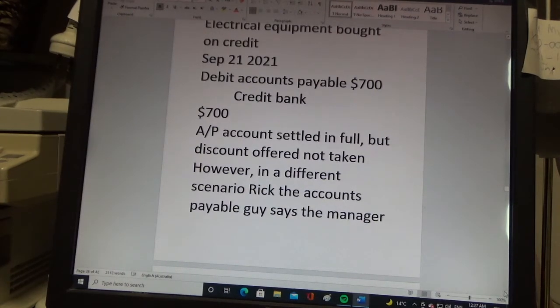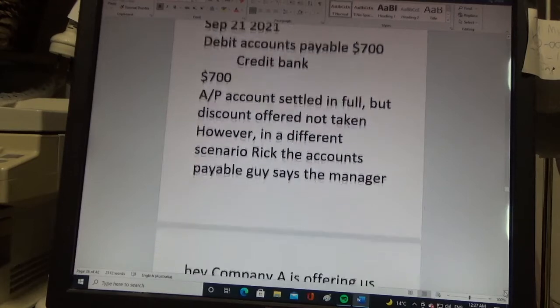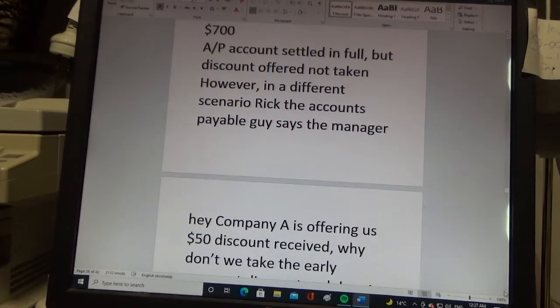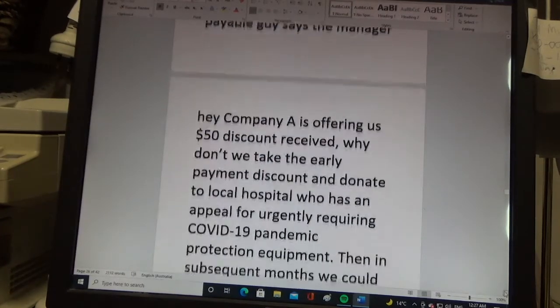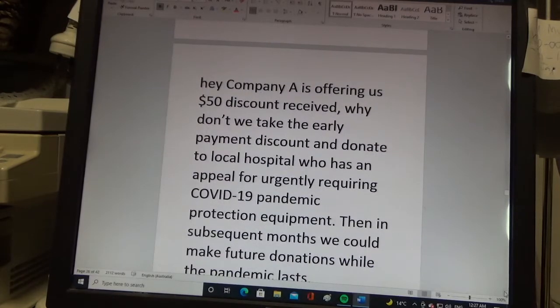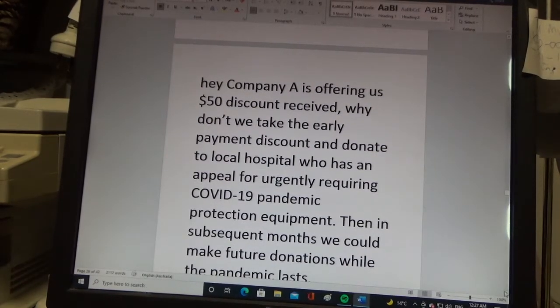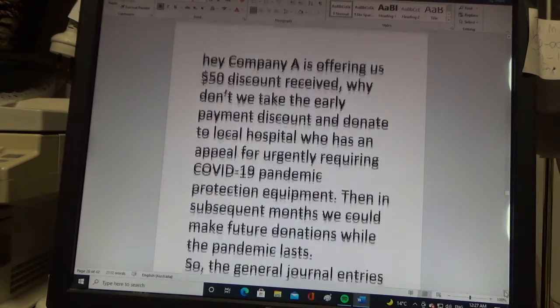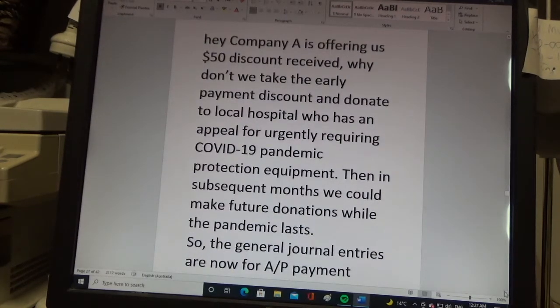However, in a different scenario, Rick, the accounts payable guy, says to the manager, hey, Company A is offering us a $50 discount received. Why don't we take it, the early payment discount, and donate to a local hospital who has an appeal for urgently requiring COVID-19 pandemic protection equipment?